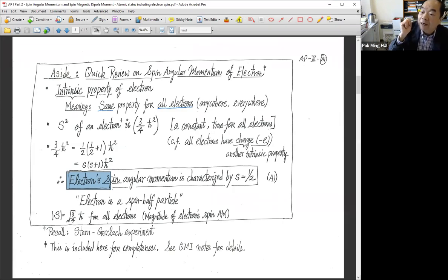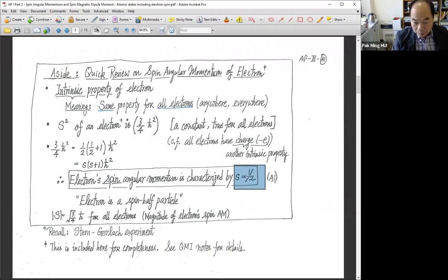Therefore, also only 2 possible values for the Z component of the spin that goes with the electron. Okay, that is how it comes from experimental science. Therefore, nowadays, we claim the electron is a spin half particle.